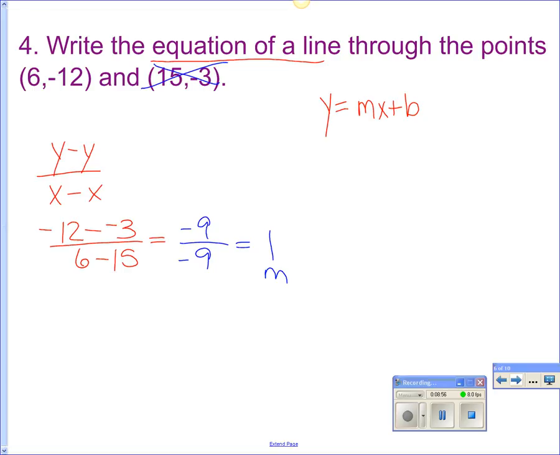Dylan, what's going to go in for y? Y is coming from my point. Negative 12. Zaria, what goes in for M?